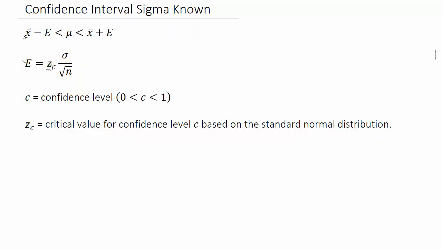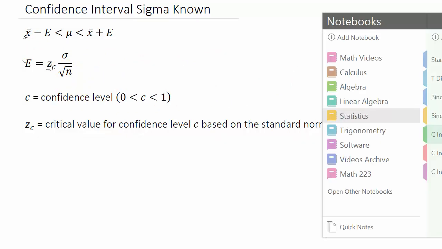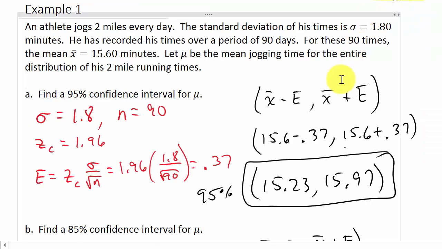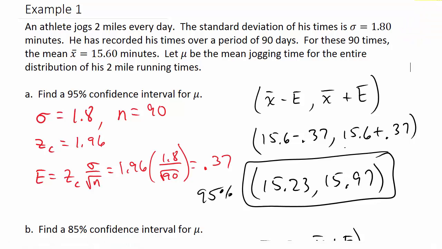You can write these formulas down if you want, and you can write the sigma, X bar, and n. It's a 95% confidence level. I'm about to switch over to Excel, so if you need to write that down, you can. So let's switch over to Excel.